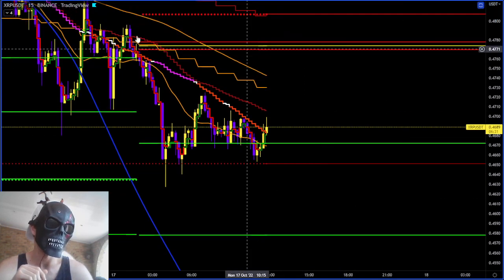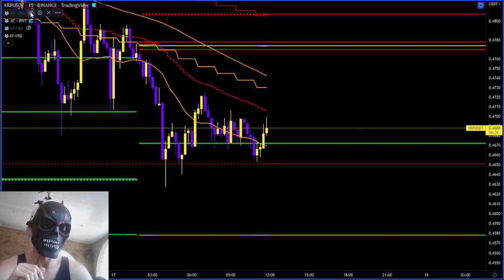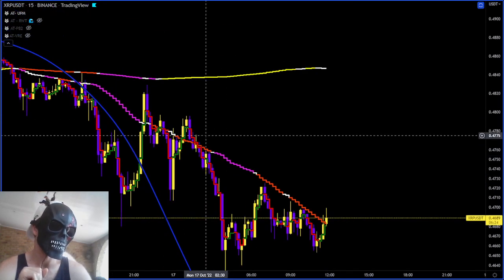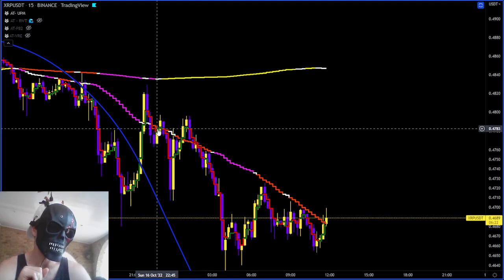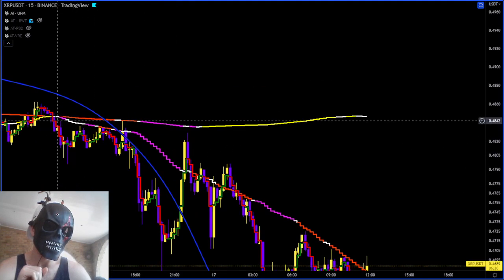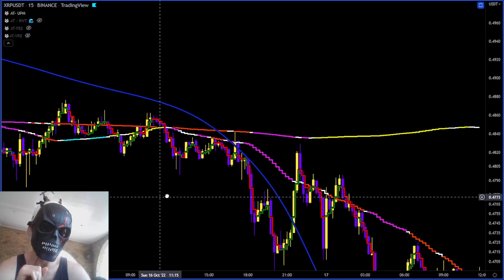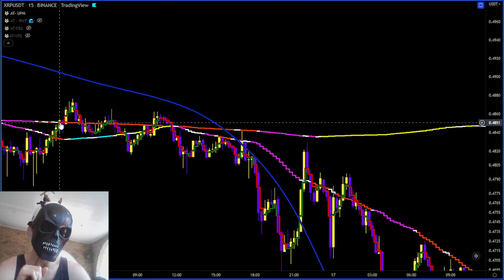Each one of these crosses does add liquidity in those regions. Sure, deep, thick. So every time there's a cross, it wants to sort of come back in, test this region, and then see what the situation is. Okay? Any one of these levels.